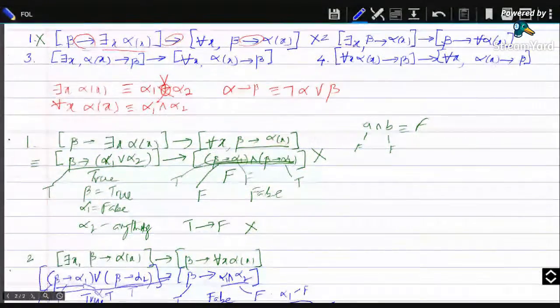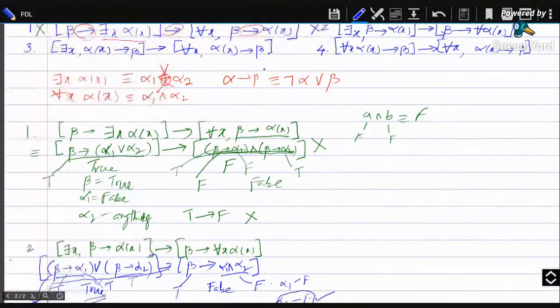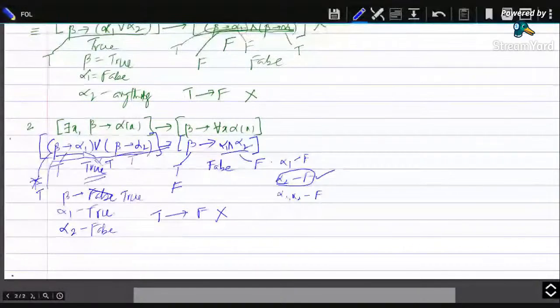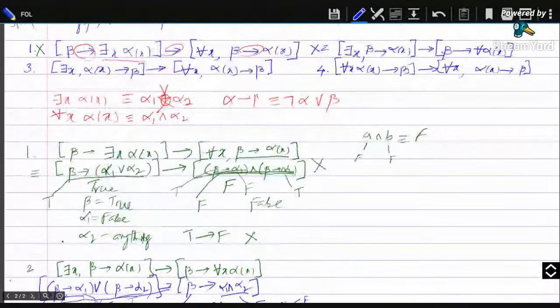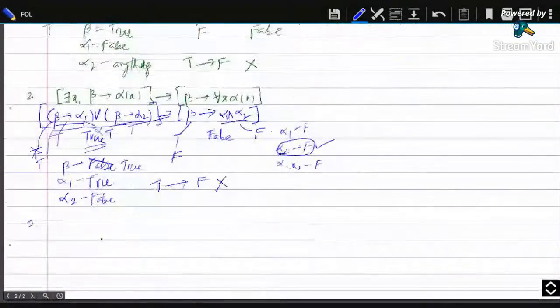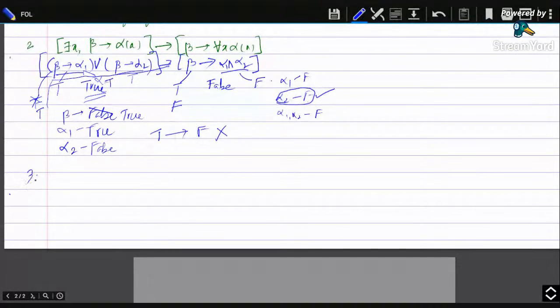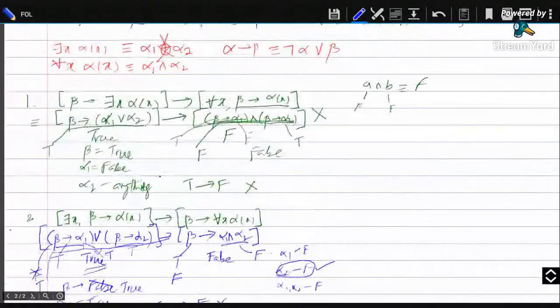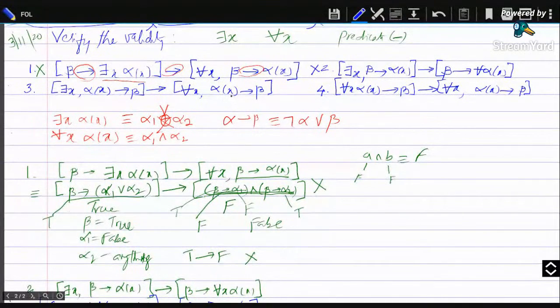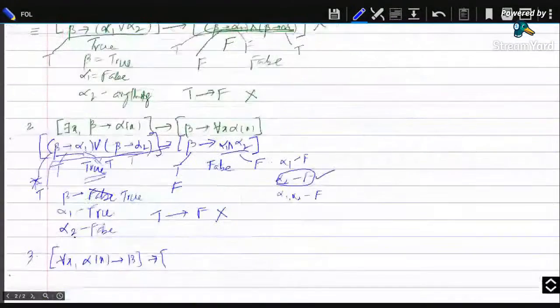Okay, let us try to disprove the third one. What is the third one? For all x, alpha of x implies beta, which implies, for all x, no, sorry, there exists.